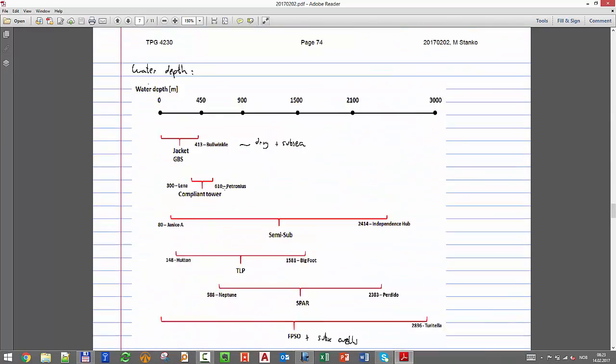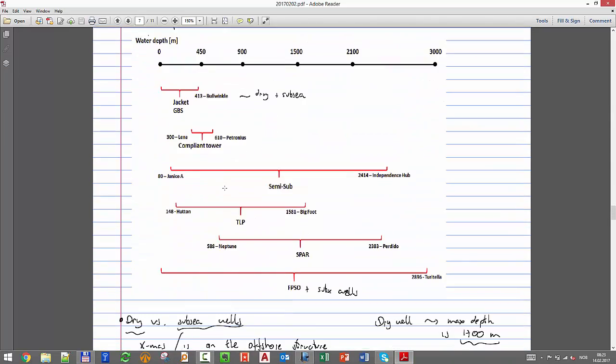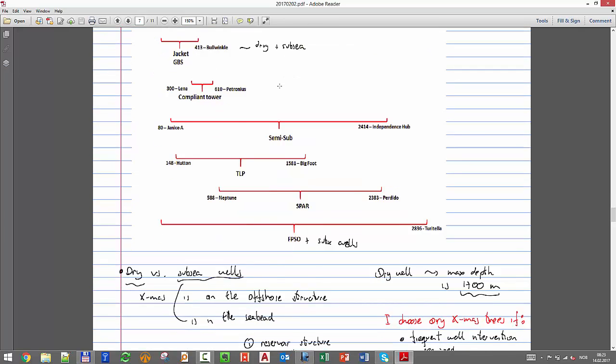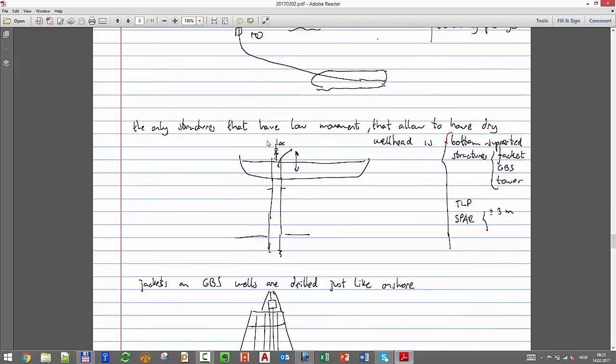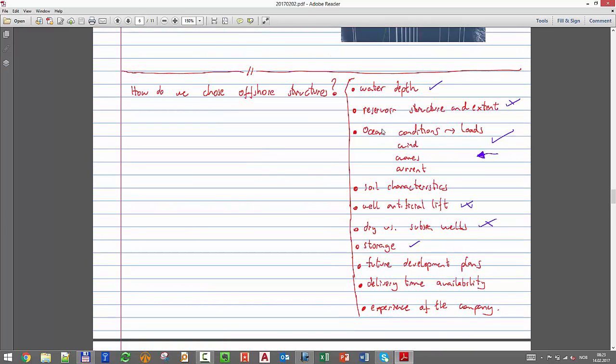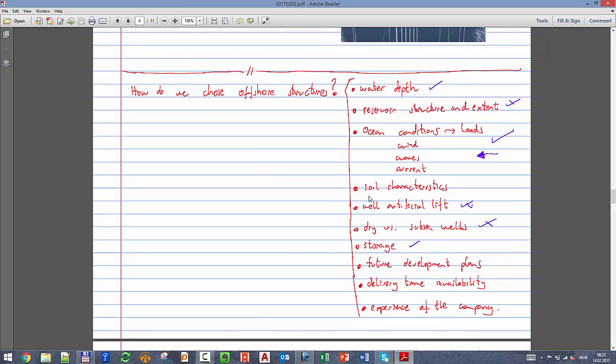Okay, so the selection is extremely important: which kind of wells I'm going to use. Then the depth. There is a big overlap between the concepts with respect to depth, but if you want to go to something very deep, you usually use FPSO or semi-sub, and if you want to go to something relatively shallow, it's usually more cost effective to use a jacket. But anything in between is a bit difficult. Then another thing we discussed was the soil characteristics.